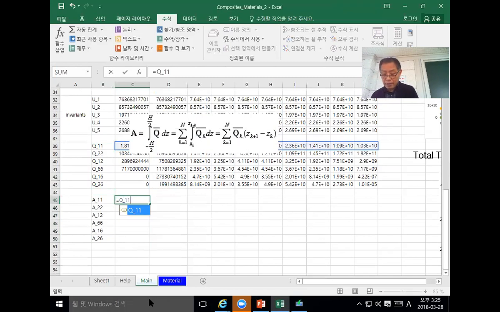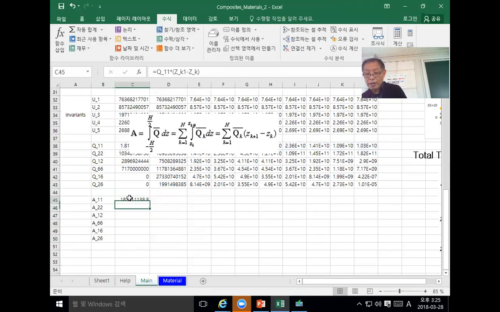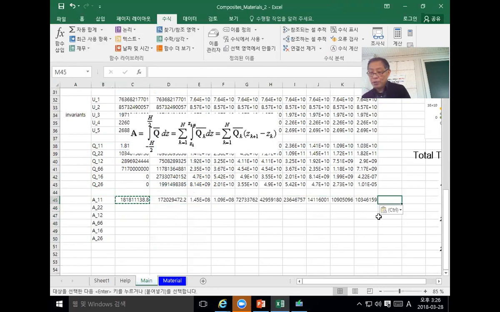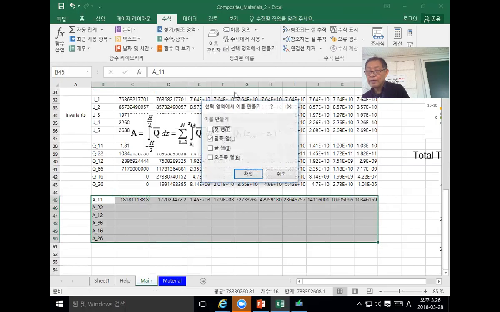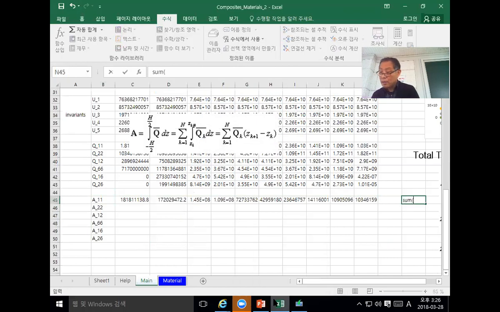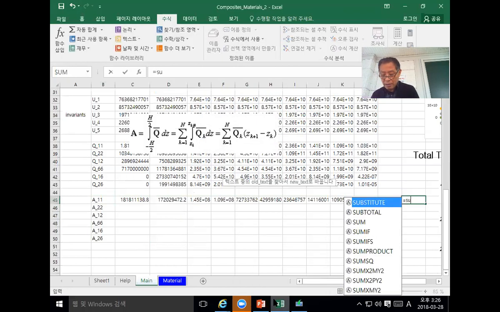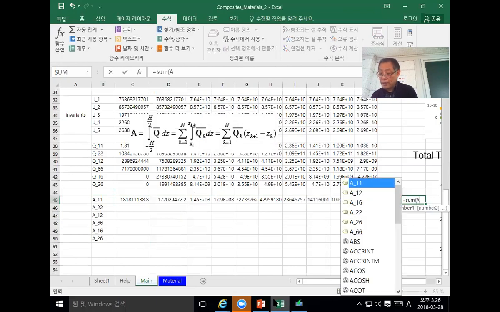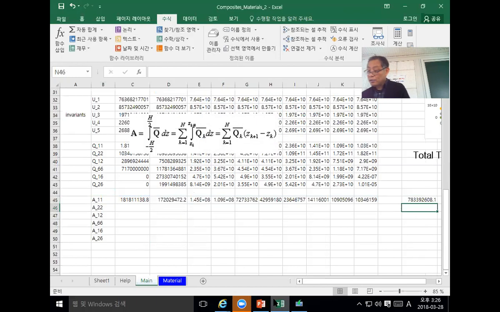Here, times what? ZK1 minus ZK. That is A11. And then summation means we sum them all, and this will be the sum of the A11.